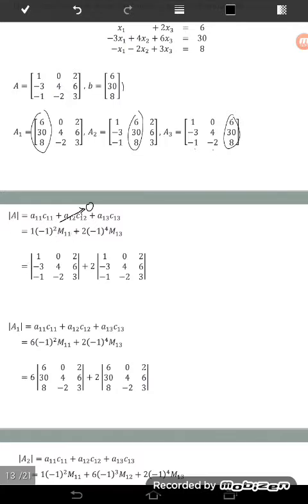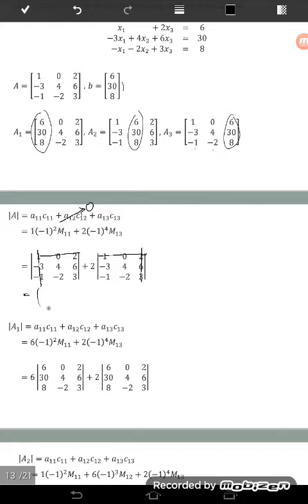And then M11, so close row number 1 and column number 1. So the determinant of matrix 4 6 negative 2 3 plus 2 times negative 1 power of 4. So negative 1 power of 4 is positive 1 times 2 is 2. And then the minor of 1 3, so close row number 1 column number 3.